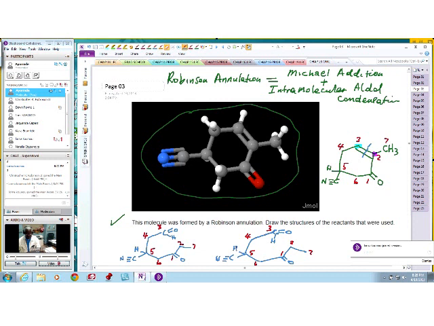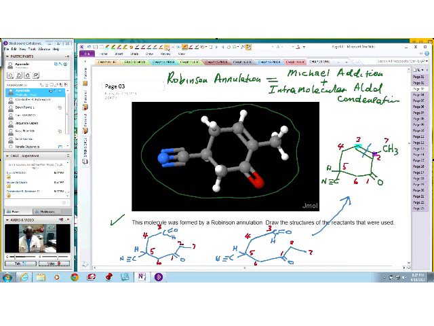Now, so far, if you agree with this structure, give me a happy face. Do you agree with this structure? Okay, you agree with that structure. So therefore, very good. If you agree with that structure, let me take this out of here.